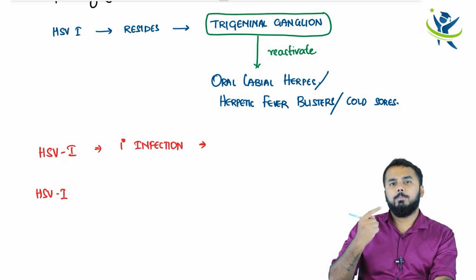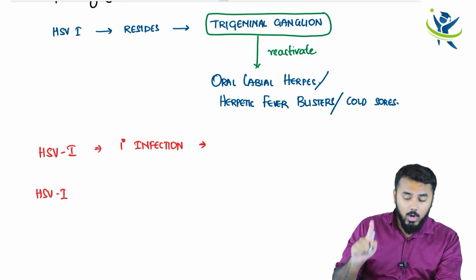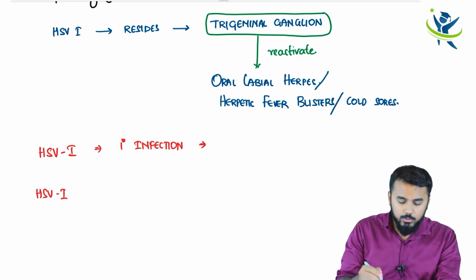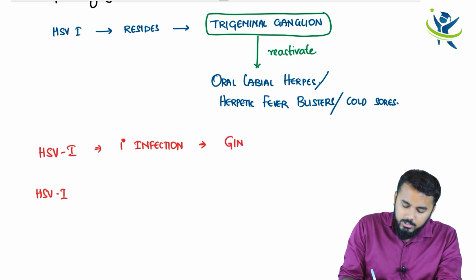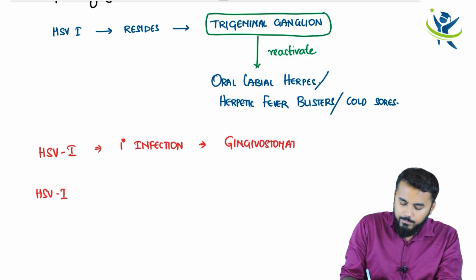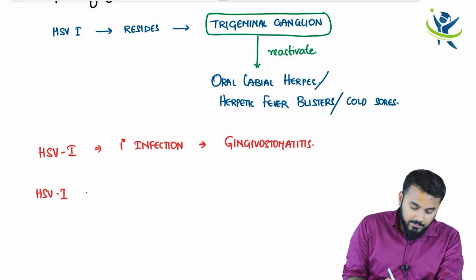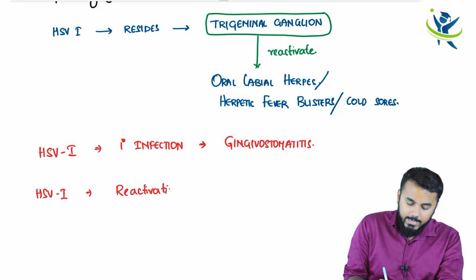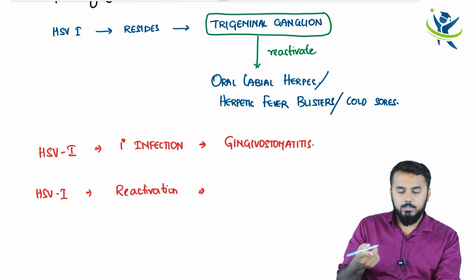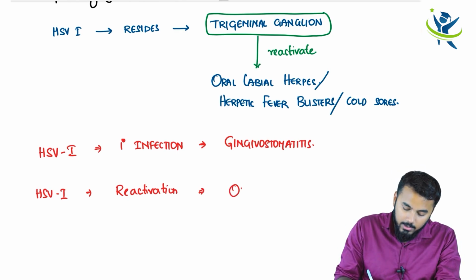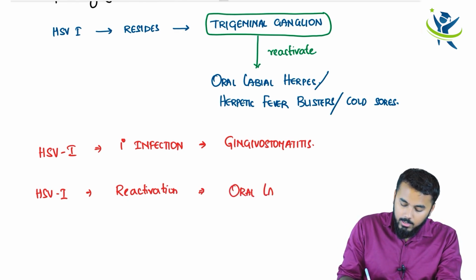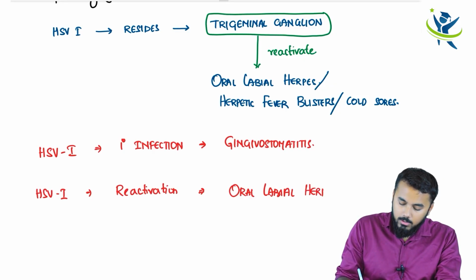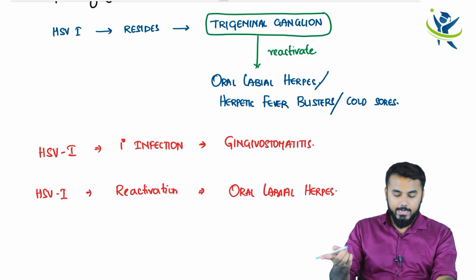In primary infection, the patient will not get cold sores, but will get gingivostomatitis. But if there is a reactivation, then the patient will not get gingivostomatitis, but will get oral labial herpes. You need to be super clear about what is primary infection and what is reactivation.